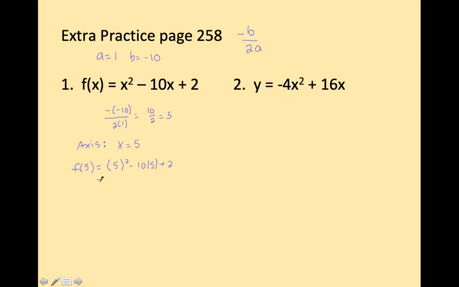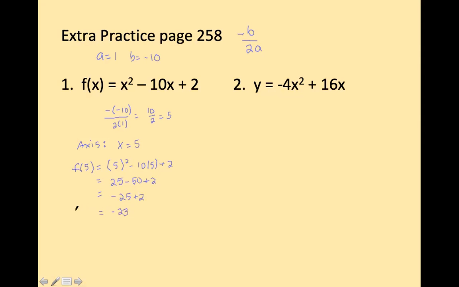All right, so we're going to do that. 5 squared is 25. Negative 10 times 5 is negative 50. And we're going to add 2 to that. So I'm going to keep simplifying here. 25 minus 50 is a negative 25. And negative 25 plus 2 is negative 23.